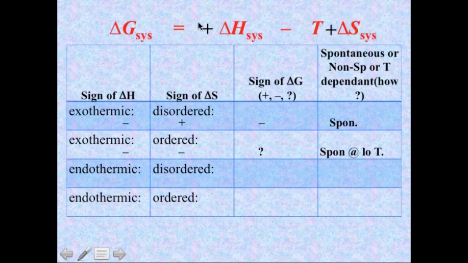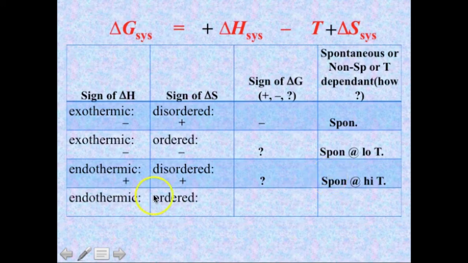So the enthalpy term is working against a spontaneous change by being positive, but this is a minus times a plus, so this term is going to be negative, and at higher temperature it will be a larger value than the enthalpy term, and therefore cause the free energy change to be negative at higher temperature. So this is going to be spontaneous at higher temperature when you have an endothermic event, but the system becomes more disordered.